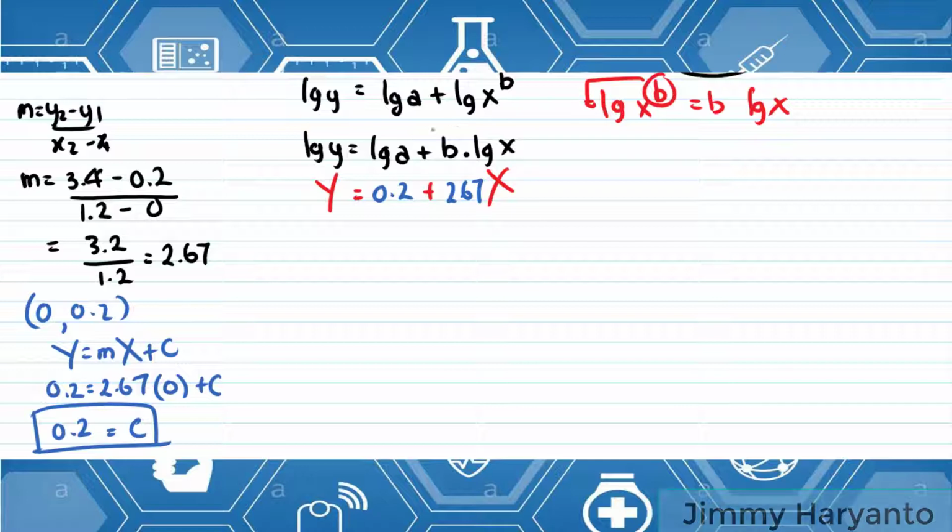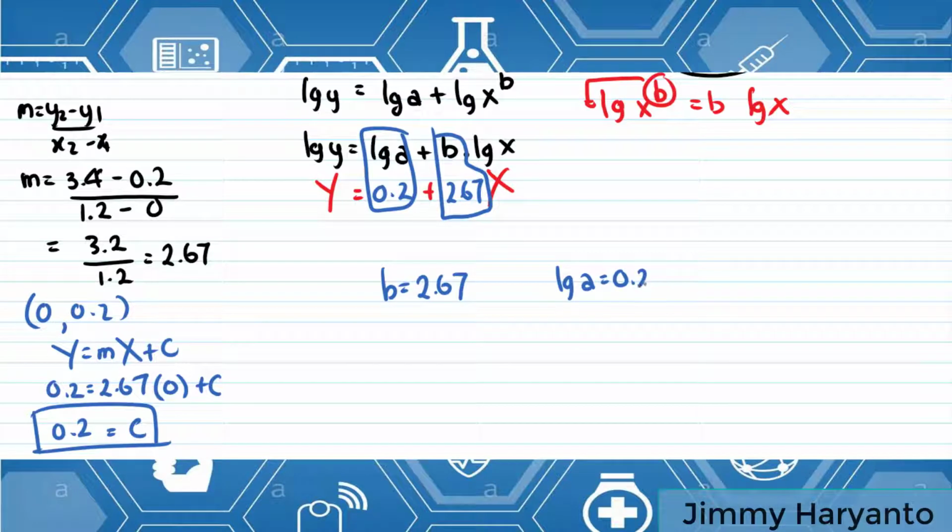So I can tell that b equals 2.67 and lga equals 0.2. How to find a? We can convert the logarithm into indices. So I have to move this lg to the right side.